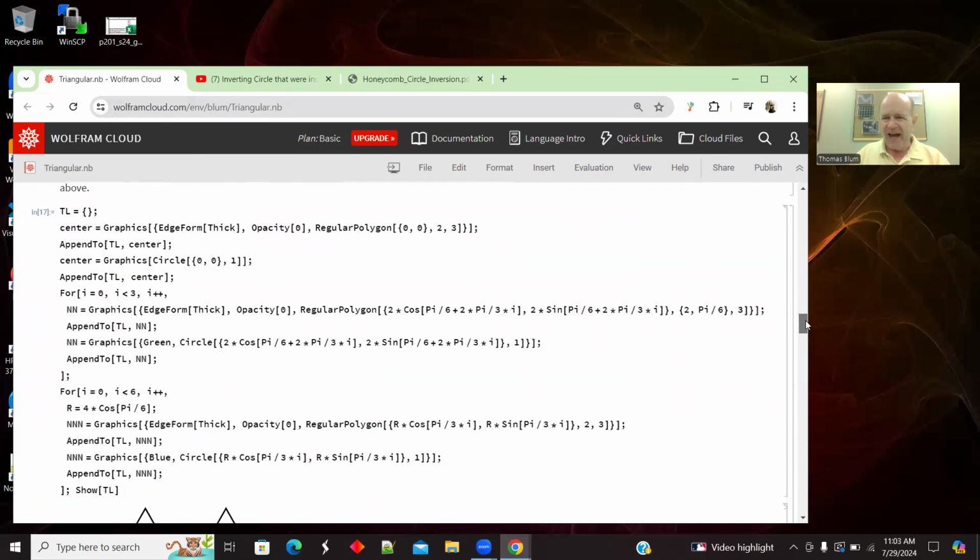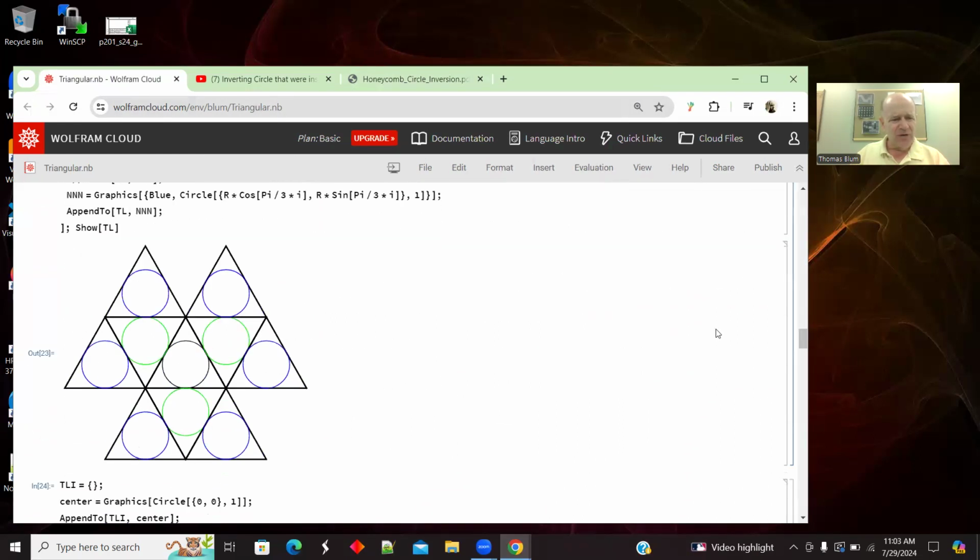All right, now I'm going to add the next nearest neighbor. So these triangles keep going: here was the original triangle pointing up, its nearest neighbors pointed down, then the next nearest neighbors, these blue, are pointing up again, and it's useful to do that.